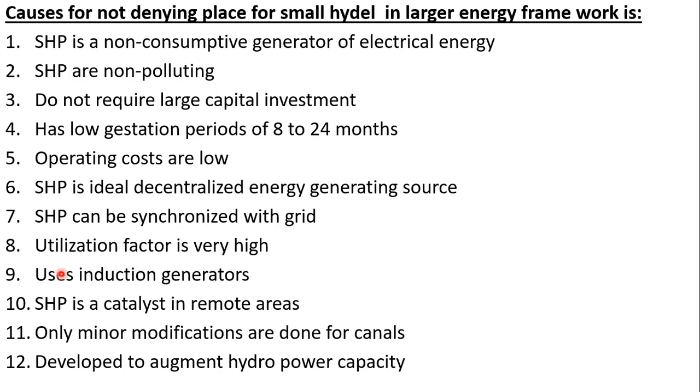If you use these induction generators, it will be inexpensive, and also the problems of synchronization and interconnection are simplified to a large extent. While working with the utility grid, you get the problem of synchronization and interconnection, and this is also eased when we use induction generators.